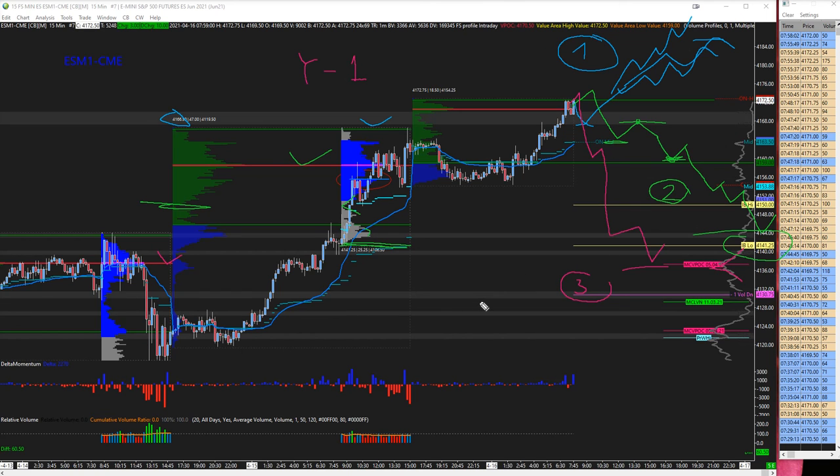And of course scenario 4 is a drive up, gap and go situation. We're opening above the prior day range, and we just open and take off. Scenario 4 takes us to 4,200. And that's that.